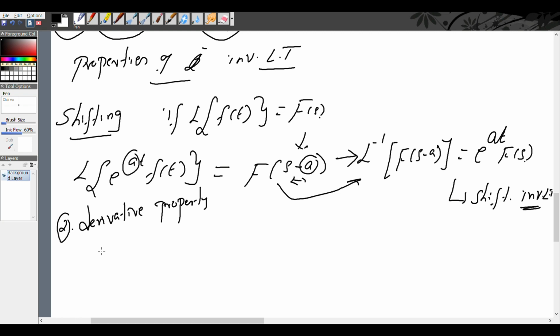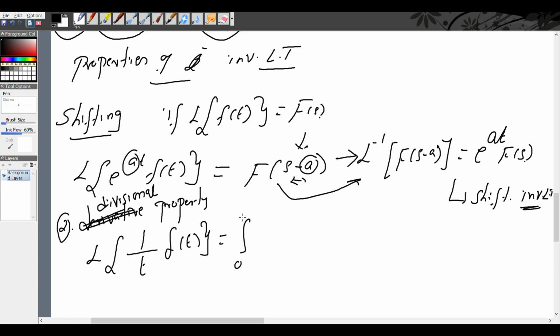Here in Laplace transform, sorry, this is not derivative property, this is a divisional property. Laplace transform of 1 by t f of t is equal to, in s domain, as per the formula we saw, integration with the limits s to infinity f of s ds, right?